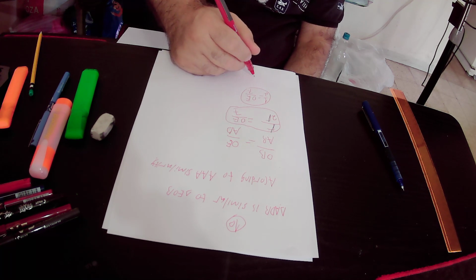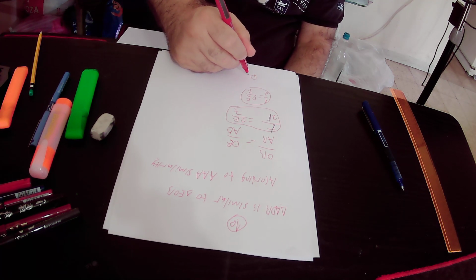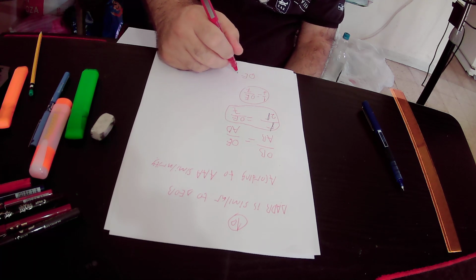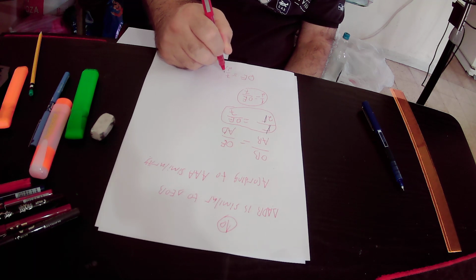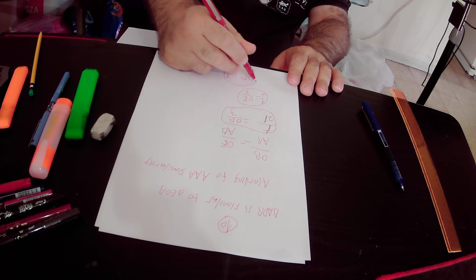So we get that OE equals 7 over 2 units.